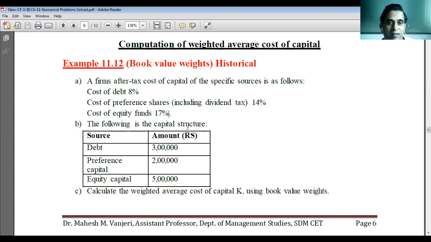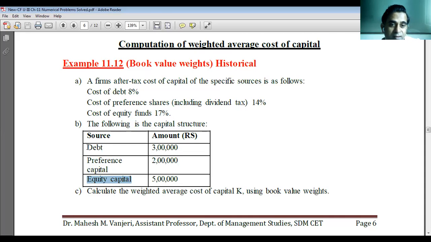Okay. And the following is the capital structure of the firm. The total capital of the firm is 3 lakh plus 2 lakh plus 5 lakh, which is 10 lakh rupees. So in 10 lakh total capital, what is the proportion of debt capital, preference capital, and equity capital is given.